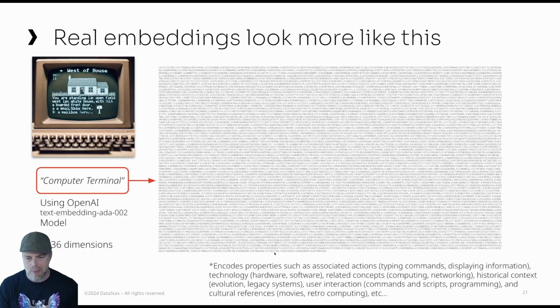If you take a look at the asterisk down here, you'll see that it's encoding semantic and contextual information about computer terminal, and even potentially concepts like commands, programming, displays, and so forth. So it's a way that we can take information and encode it in these arrays, and then use these distance calculations to see how alike one thing is to another.